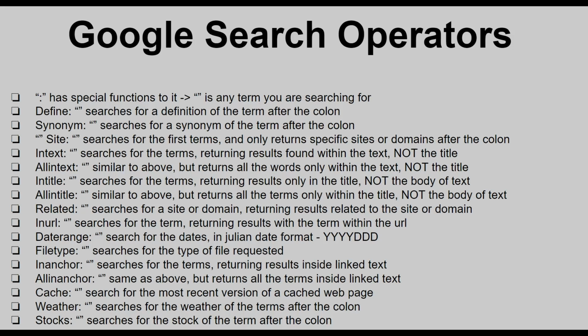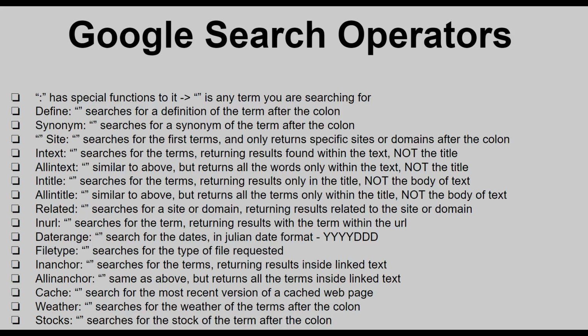And then allintext means all the words have to be within that text, as opposed to a couple or two. And then the opposite being intitle and allintitle, which will search for the terms, returning results that are only in the title, not in the little snippet body of text. And again, allintitle searches for all the terms within the title.